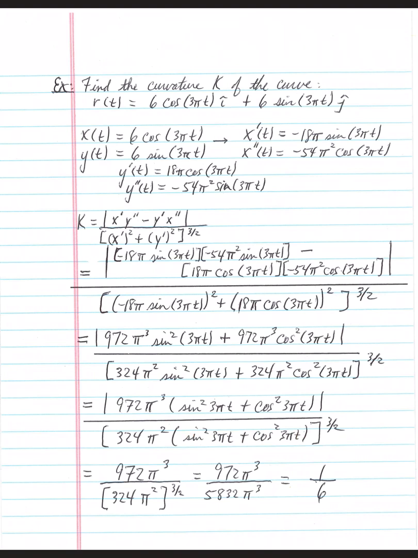That also goes to 1, leaving 324 pi squared to the 3 halves power. 972 pi cubed over, now remember with 3 halves, it's square root of that cubed. So square root and then cube. Pi cubes cancel one another. 972 over 5,832 reduces to 1/6.